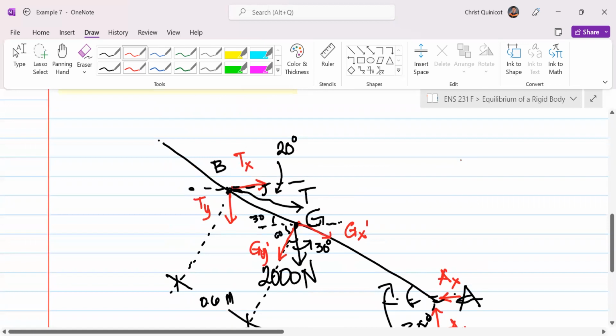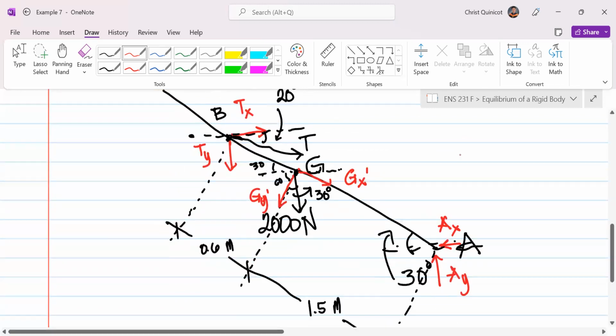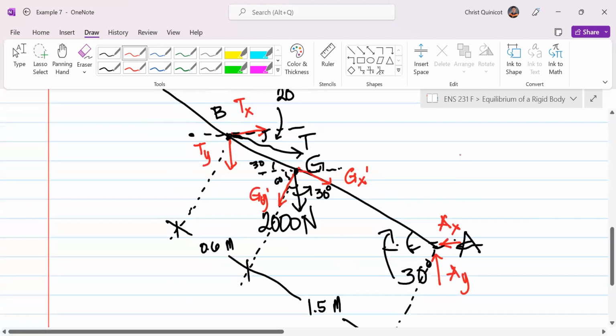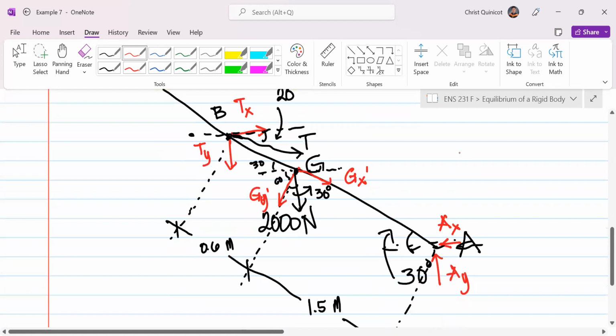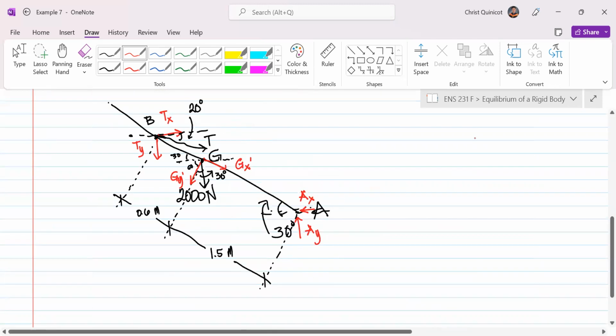And now we can know the value of our tension if we do moment about A, because the 20-degree angle is given for our tension, the dimensions are also given, and the inclination of our ramp, which is 30 degrees, is also given.